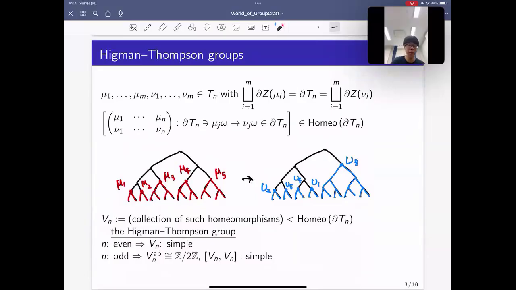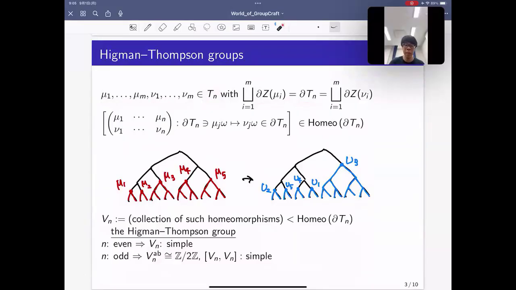Let μ's and ν's be vertices of the tree such that they span the boundary of the tree, meaning that for each element in the boundary of the tree, there is some i such that that element starts with μi, right? And same for ν's.